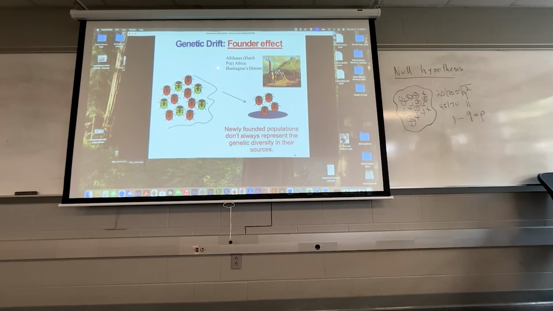They have a really high incidence of Huntington's disease, which is a neurological degradation of the nerves that typically shortens lifespan once the disease shows up. It is a dominant trait. And I think anywhere from 50 to 150 people actually started this colony here in South Africa, and several of them were carrying that disease.